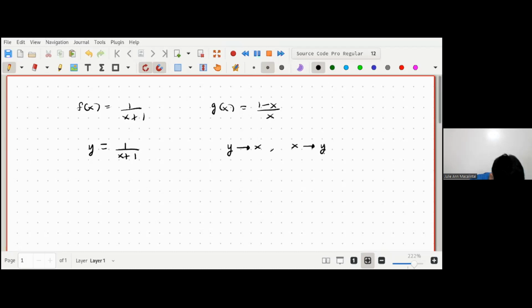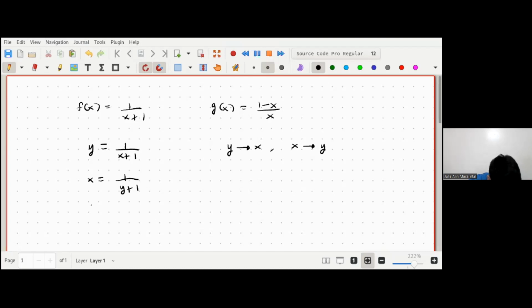Kita ba yung sinusulat ko? Kita. Okay, so if we do this substitution, x is equal to 1 over y plus 1.